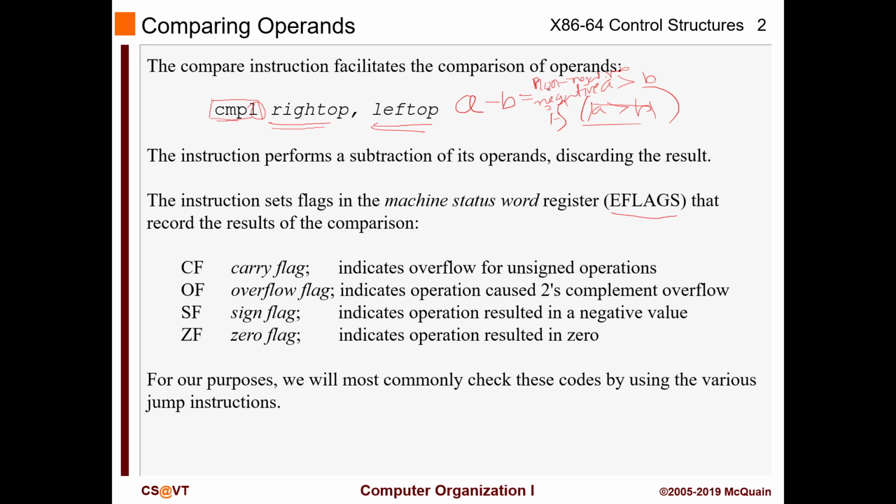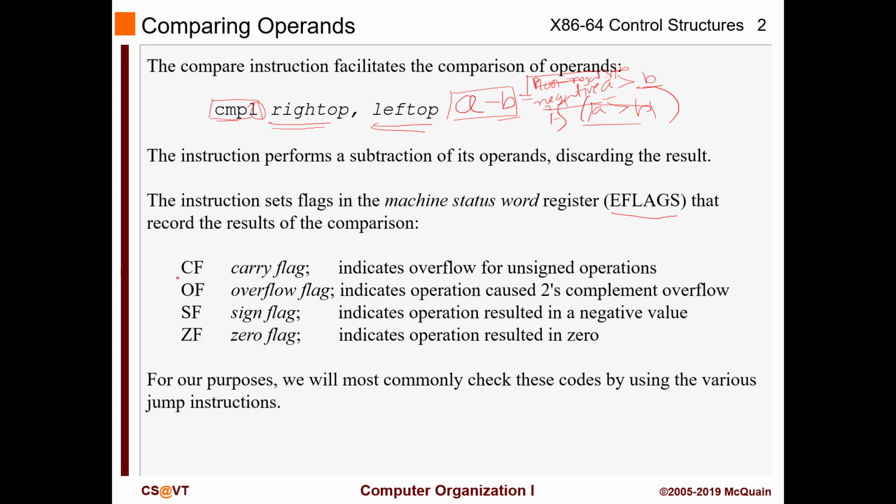If it's positive or non-negative, we know that a is greater than b. But if it's negative, then we know that a is less than b. So by doing a subtraction, we can make a decision whether that number is greater than or less than. That's what we set in the machine status word register.